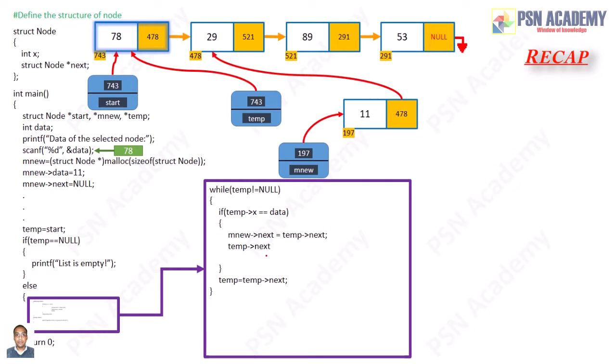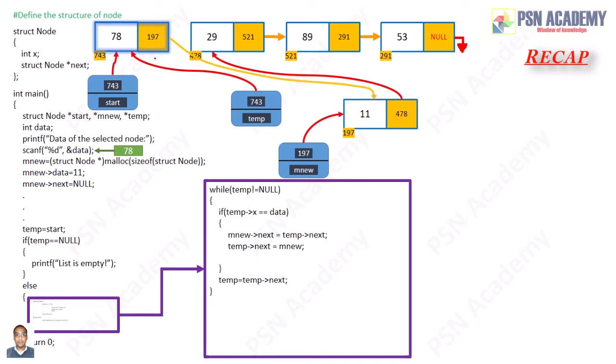So we wrote temp next equals to m new, because m new is carrying 197. So 197 will be copied to the temp's next pointer here. So it has been copied, 197. So as soon as 197 is here, this link breaks and this new link has been established.